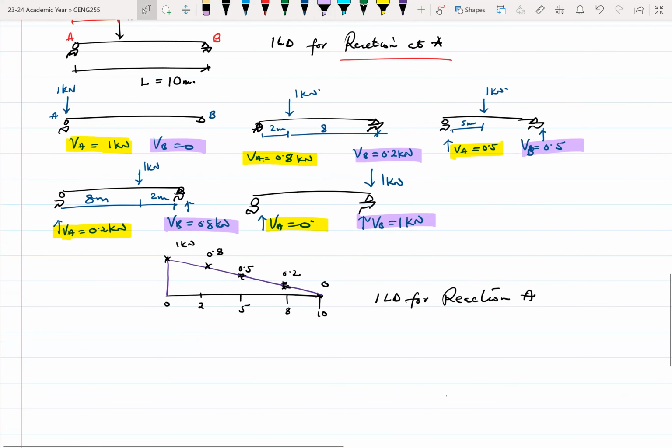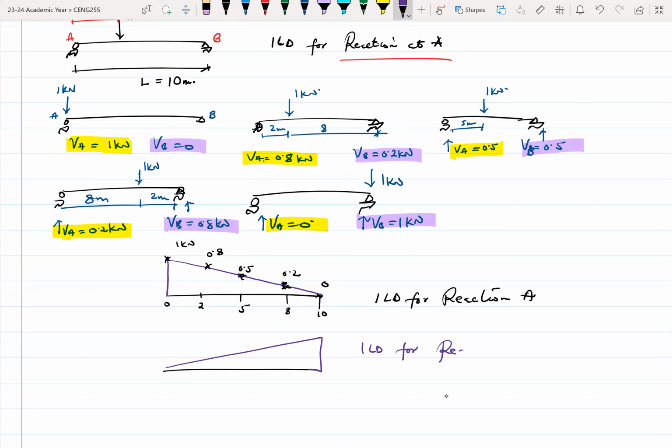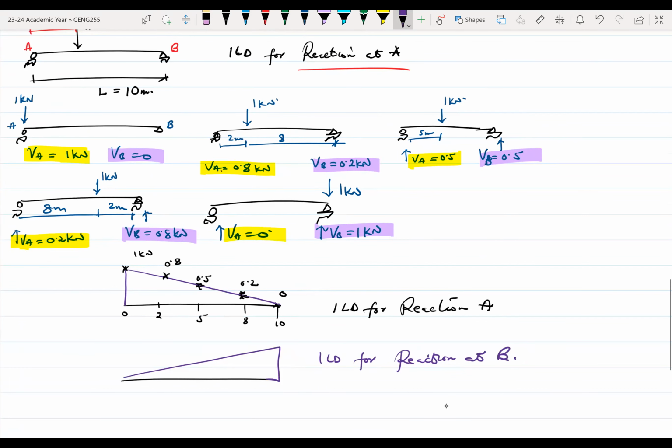So your diagram will just be the opposite. This will be the ILD for reaction at B.